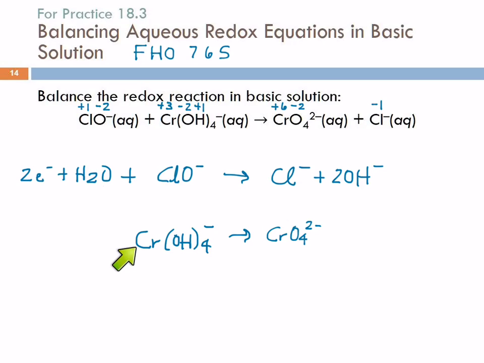On the bottom here, chromiums are balanced, the oxygens are balanced, but the hydrogens aren't. So I've got 4 hydrogens on the left and none on the right. So I'm going to put 4 hydrogen ions on the right. Basic solution, so I look at the number of hydrogen ions that I have, and I add that number of hydroxide ions to both sides of the equation.